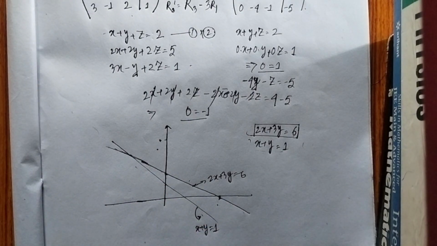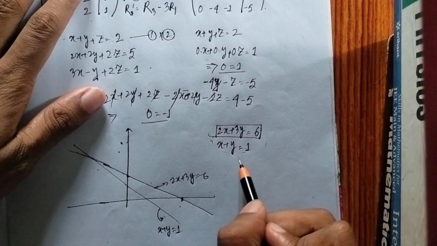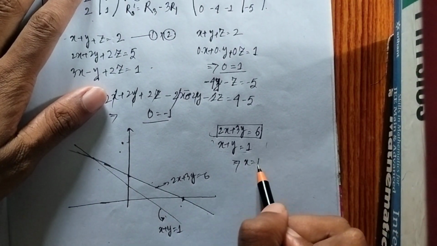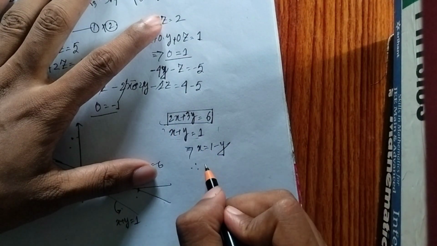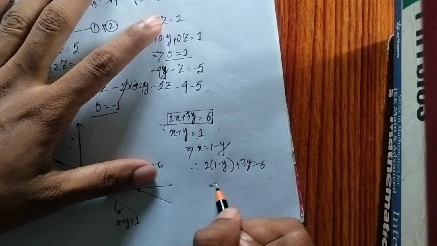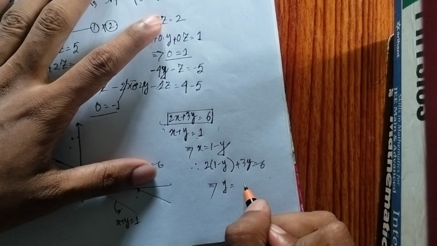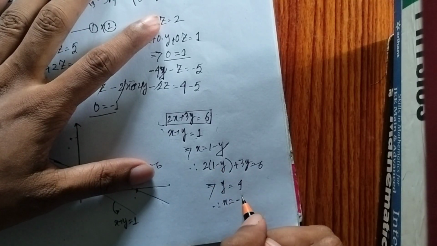Mathematicians noticed that the solution of this system is x equal to 1 minus y. If we put this value of x here, we get 2 times (1 minus y) plus 3y equal to 6. So ultimately y is equal to 4 and x equal to 1 minus 4, that is minus 3.